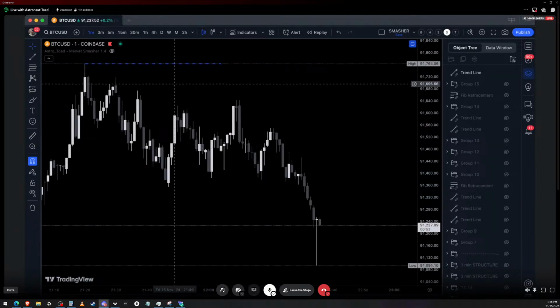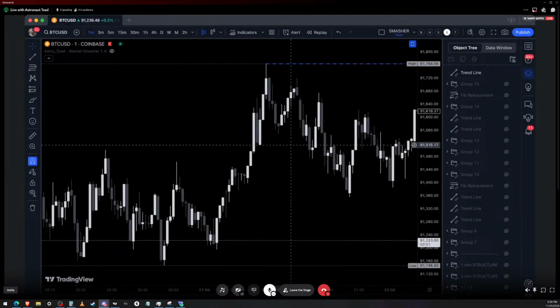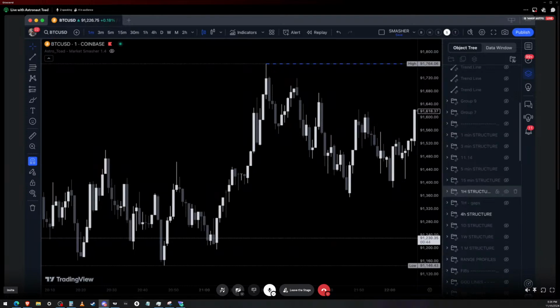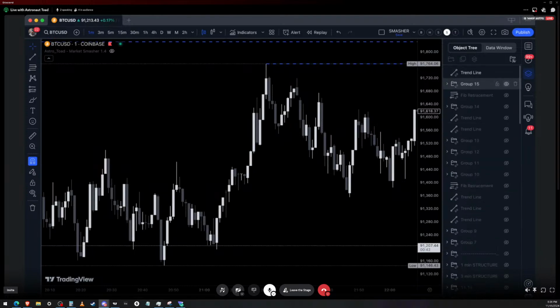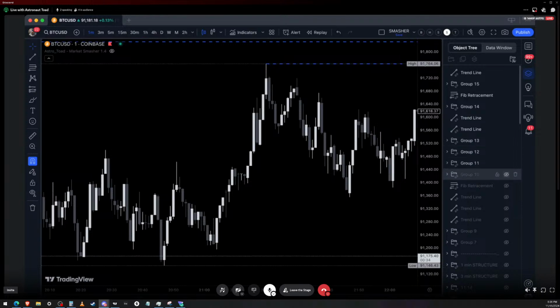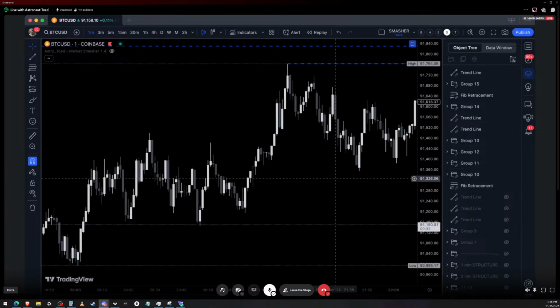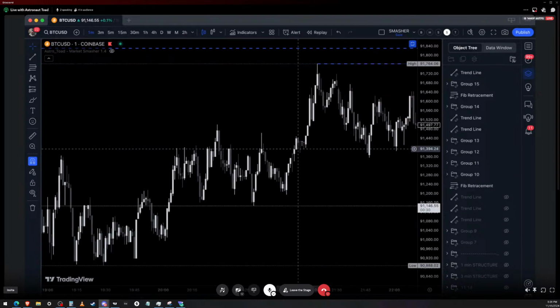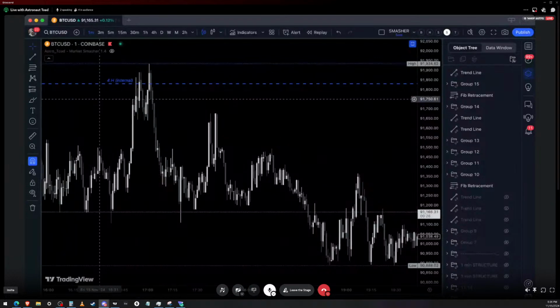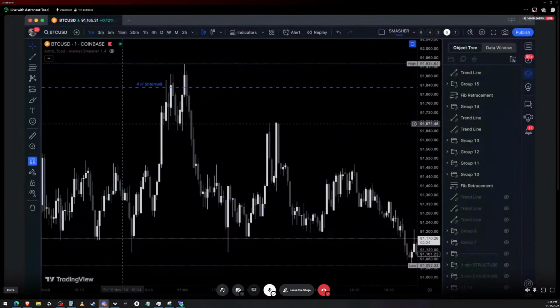So for example, on these trades here, did I do that all the way earlier? Yeah, there it was. That's the trade that I was looking at earlier.